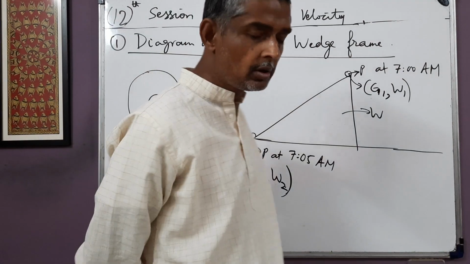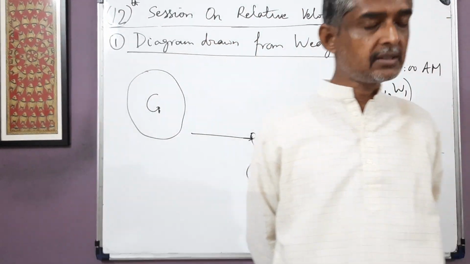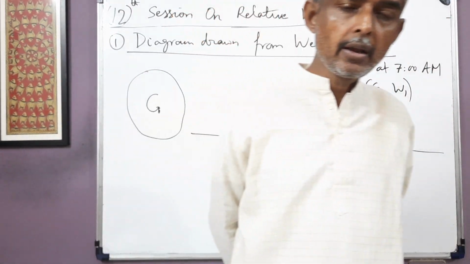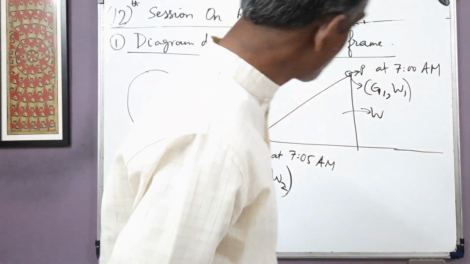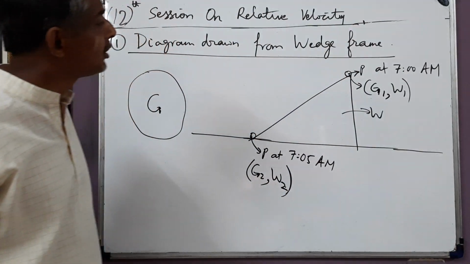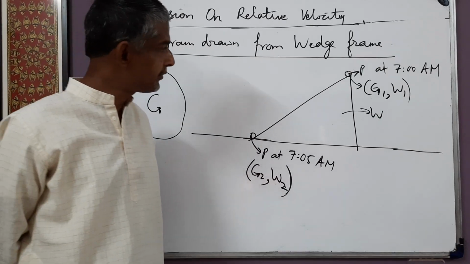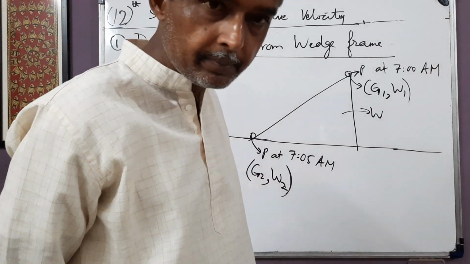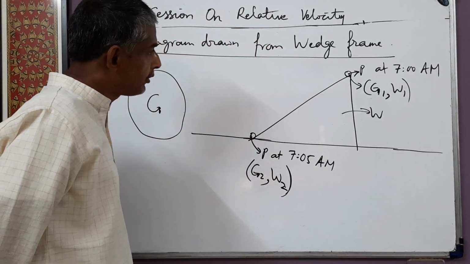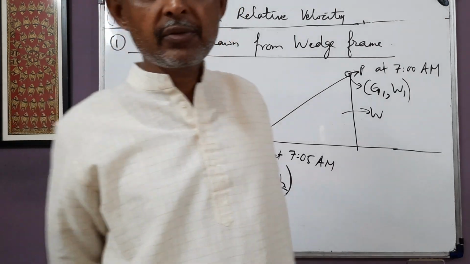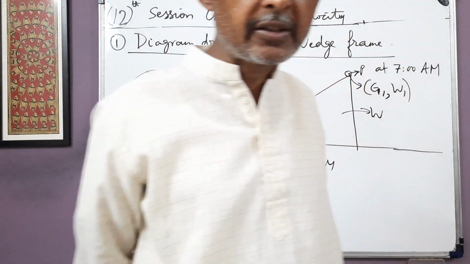Now again our aim is to find the displacement of P in this time interval as seen from the wedge frame and as seen from the ground frame. First we'll find the displacement of P as seen from the wedge frame from 7 am to 7:05 am. For that we have to consider which locations of the wedge frame point P occupies at these two time instants.